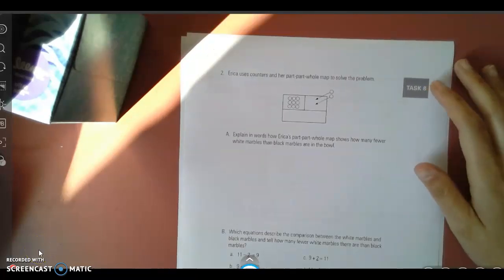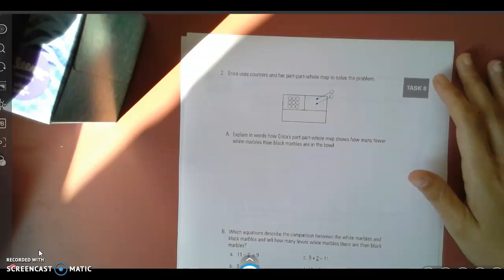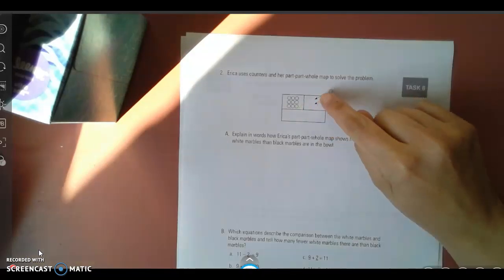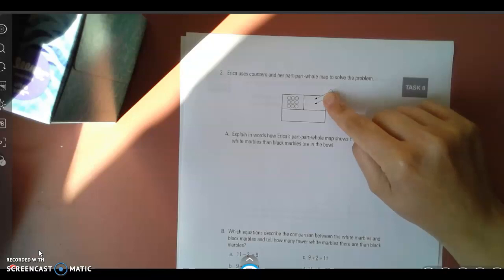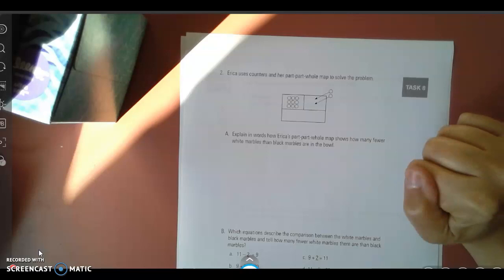All right, so here's what I'm noticing with Erica's part-part whole map. I noticed she did 9 white marbles here on this side, and then she's drawing an arrow for these 2 more because she's figured that 9 plus 2 would equal 11, and that's how many marbles there are in the black marble section.